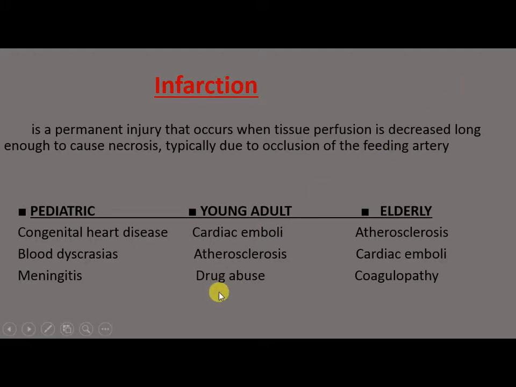Atherosclerosis becomes the second, and drug abuse, which is common in the young age group, especially in the West, comprises the third cause. In the elderly, atherosclerosis becomes the top, cardiac emboli the second, and another one is coagulopathy.